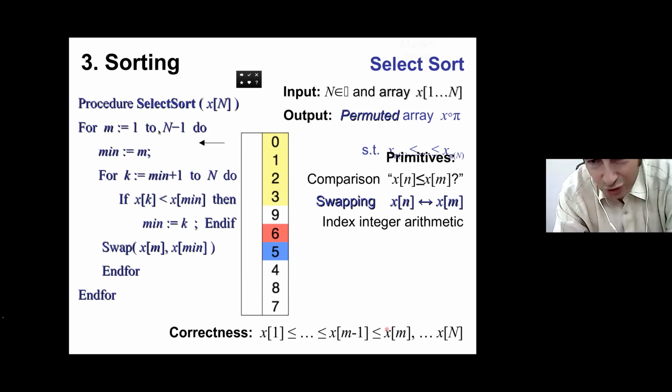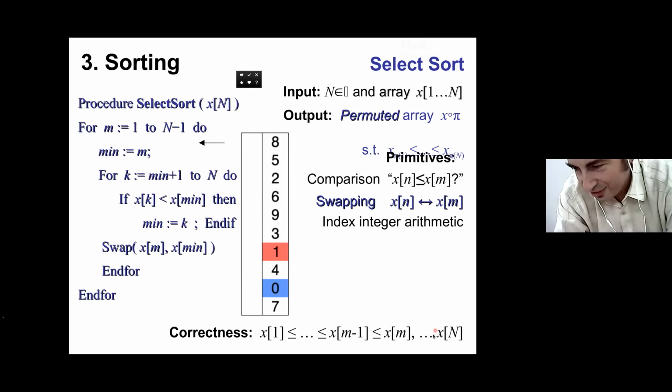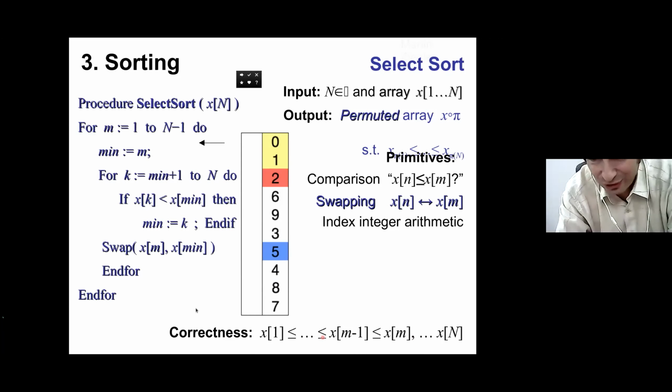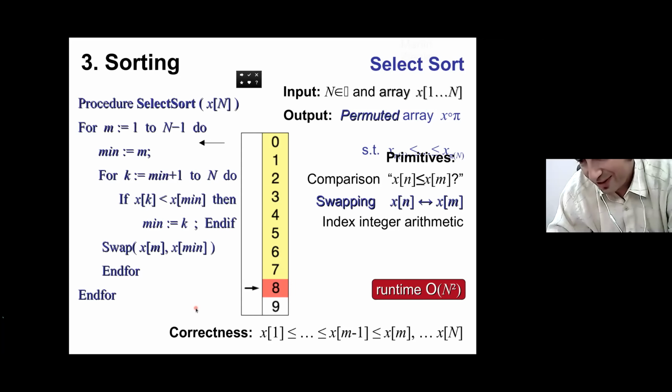But when m goes to n, then this less than or equal relation continues, and when m is at n minus 1, you will have this until here. And then the array is ordered. So it's not difficult to see that this is a sorting algorithm.